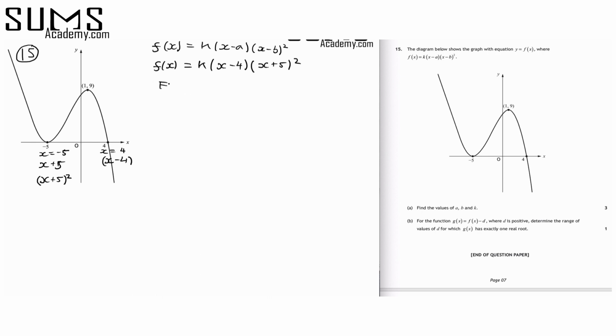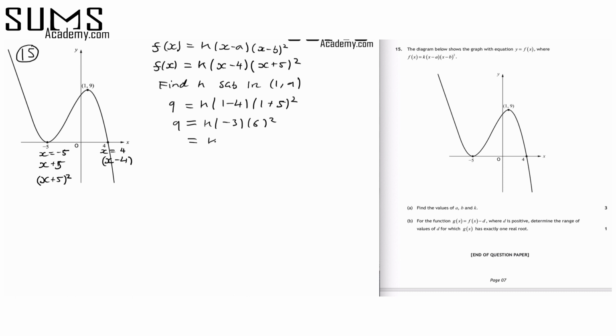So find k, sub in 1, 9. So this is going to be 9 equals k times 1 minus 4 times 1 plus 5 all squared. 9 equals k, and then that'll be minus 3, and this will be 6 squared.